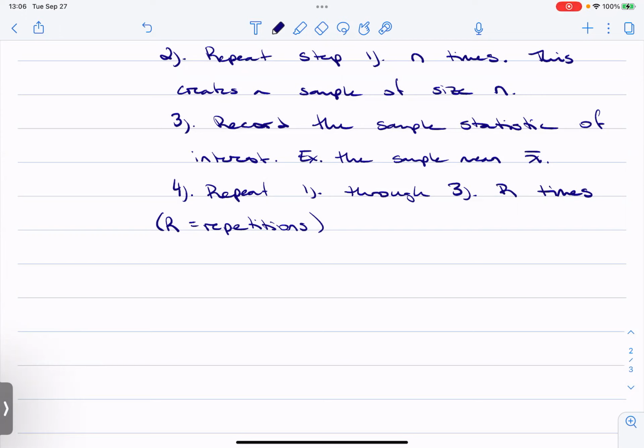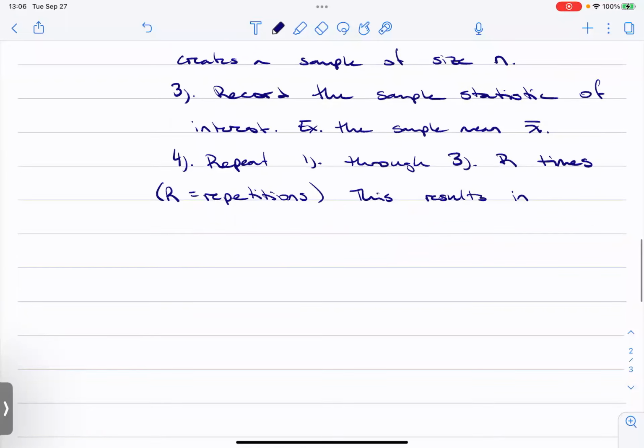So now what we're really interested in is this sample of R sample statistics, right? So now we're going to have R X bars, for example. This results in a sample of R sample statistics.